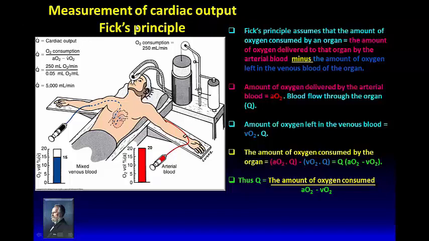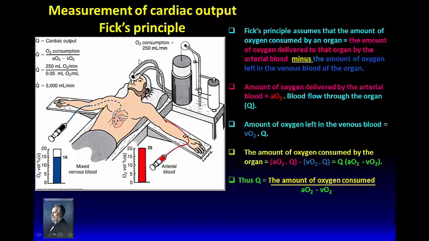When we insert the values of the normal oxygen consumption, the normal arterial oxygen content, and the normal venous oxygen content in a normal subject, the cardiac output would be 5,000 milliliters, or 5 liters, in 1 minute. This is the case when the subject is normal. We are assuming that his resting oxygen consumption is 250 milliliters per minute.